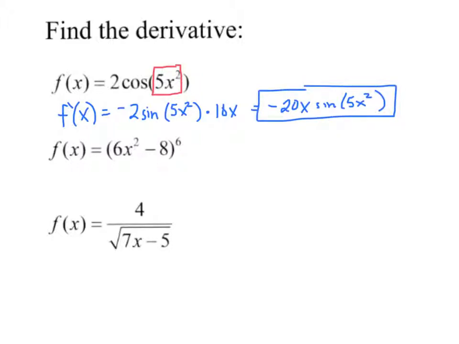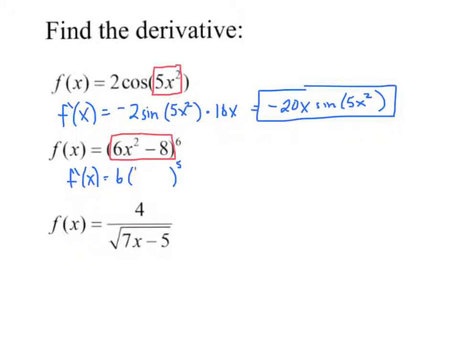Okay? Next, in this next problem, f of x equals 6x squared minus 8 to the 6th. My inside function is 6x squared minus 8. That's all being raised to the 6th power. So my derivative, I start by bringing that 6 out front and then dropping the power to the 5th, just like I always would.